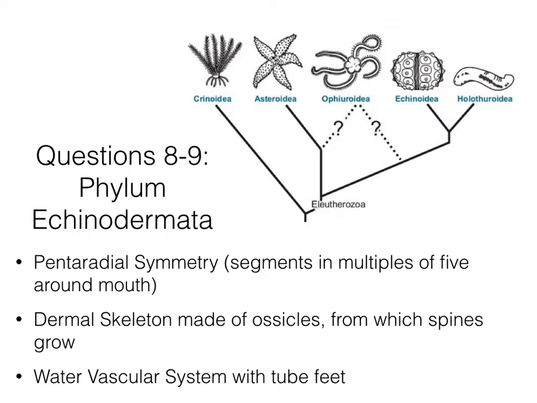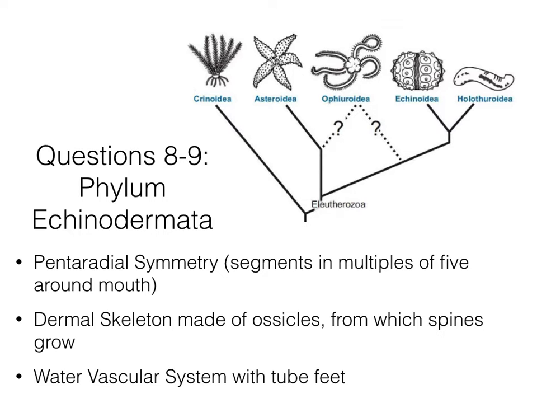It's really obvious in things like sea stars. It's less obvious in things like sea slugs. They also have a dermal skeleton, which means it kind of grows out of their skin, made of what are called ossicles. And attached to those ossicles are spines, and that's where the name of the phylum comes from.